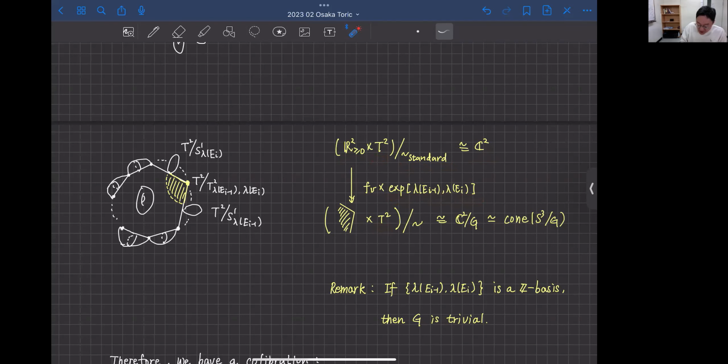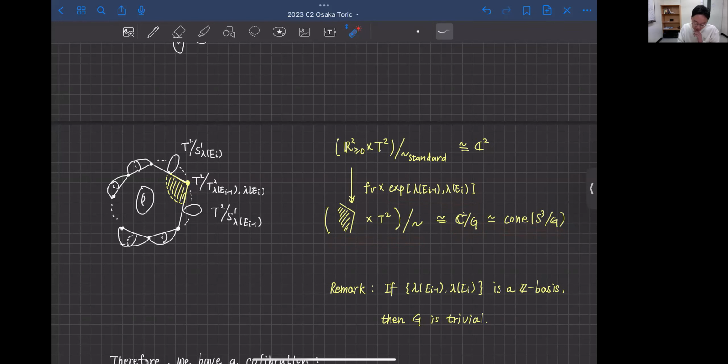Okay. So since lambda e_{i-1} and lambda e_i are linearly independent, it may not be a basis. This is just linearly independent, so it has a finite cokernel. So this is the way we look at this local neighborhood: it looks like C^2 modulo some finite group action. So this G is exactly the cokernel of this exponential map. And then this C^2 modulo finite group can be understood as a cone of this three-dimensional sphere modulo finite group action.